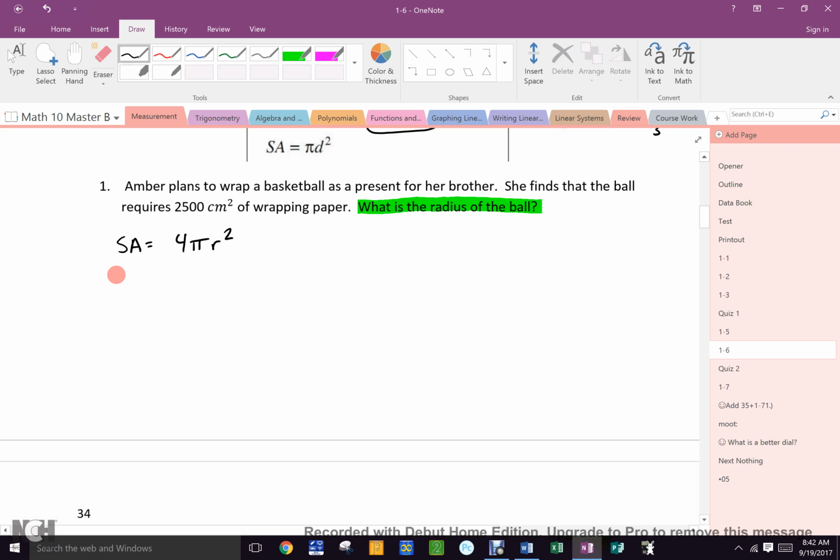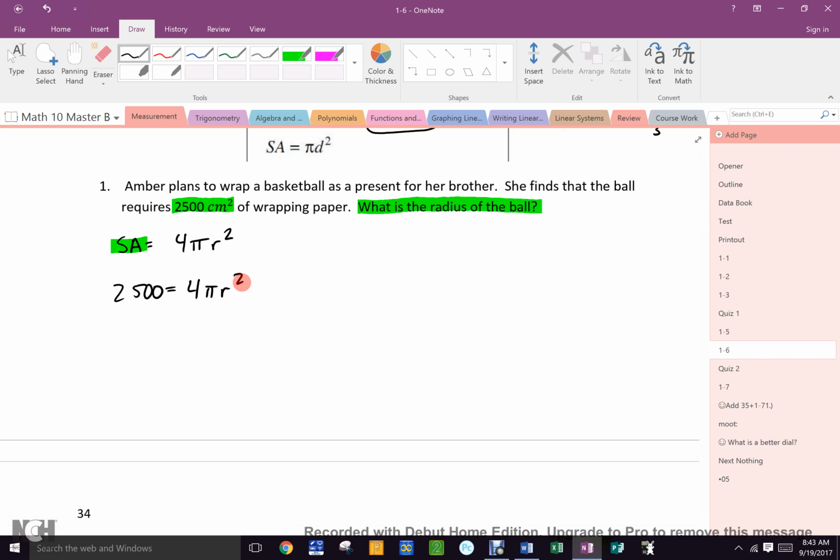So in this case, because we know the surface area, we're going to take that number and put it in the equation for surface area. So there's my surface area, there's my surface area. So what I'm writing now is 2,500 equals 4 pi r squared. And the question is, I need to find r.